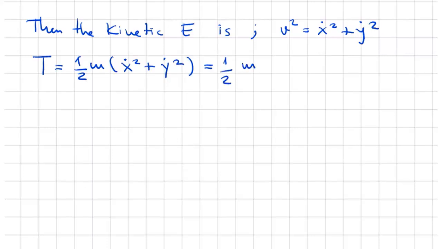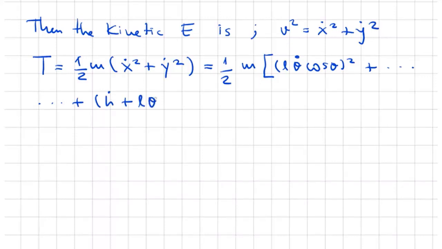Okay, let's write down: the x component would be L theta dot cosine of theta, squared, plus h dot plus L theta dot sine of theta, squared. That's our kinetic energy. Let's go and simplify this equation like this.